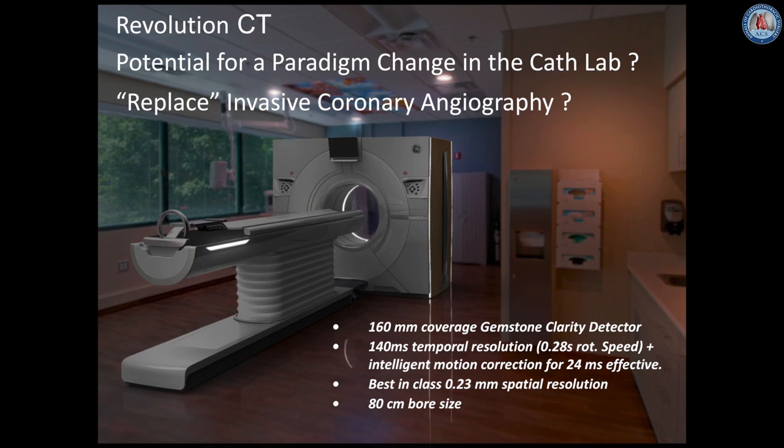It's one of the multi-slice CT scans with the highest temporal resolution, 140 milliseconds, and there is also software to even improve that temporal resolution, and it's the best in class for spatial resolution, 0.23 millimeter. It's very close to coronary angiography.